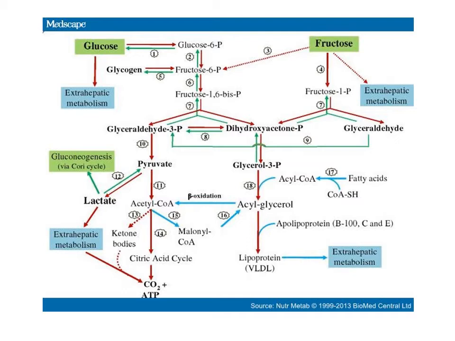Fructose, which tastes sweeter, can be converted into fructose 6-phosphate, which is one of the intermediates in this glycolysis pathway. So the purpose of showing you this slide is to explain that glucose can be used by the body, and so can fructose.